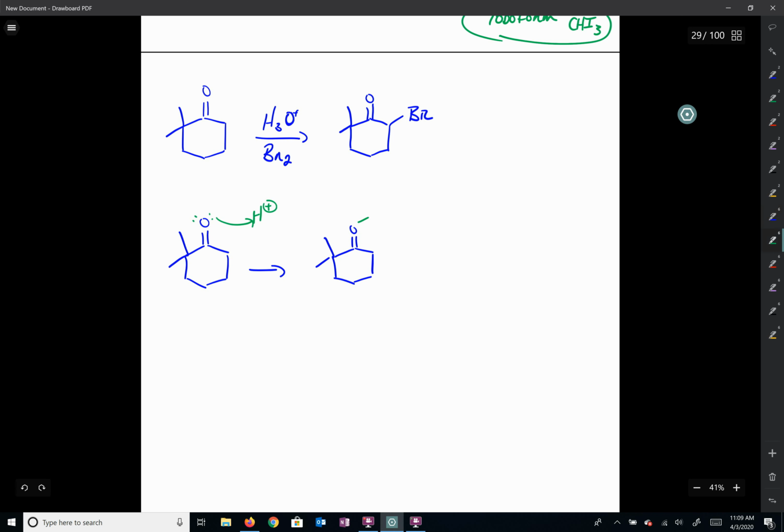Right, we're setting up our enol. We got some water around. And so this is basically the exact same mechanism that we did in the previous video.